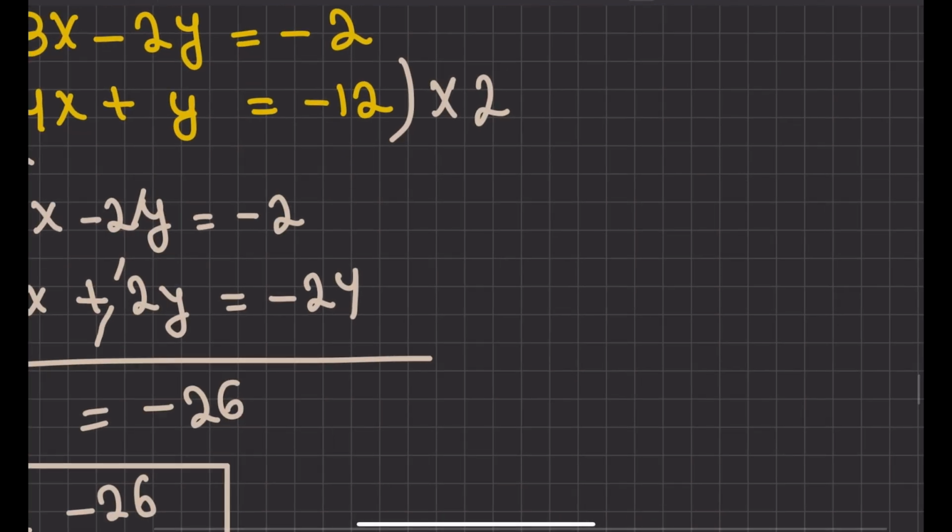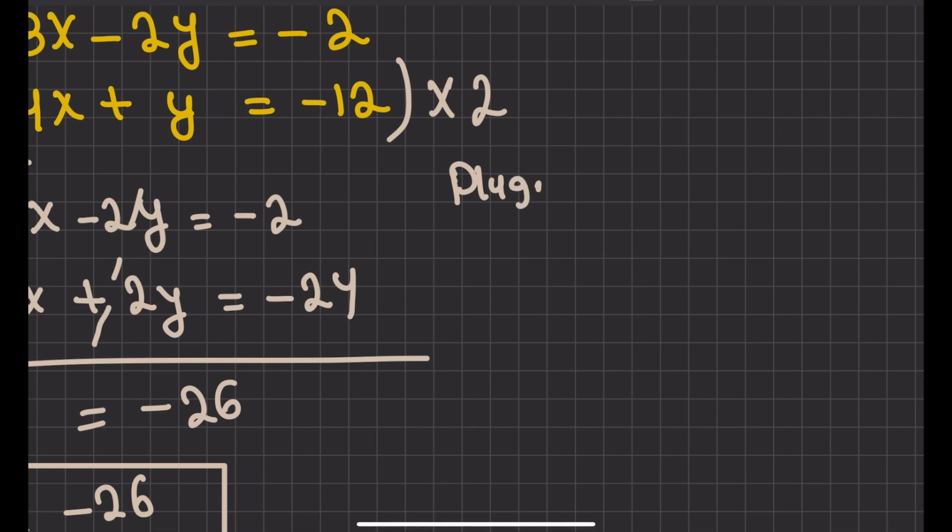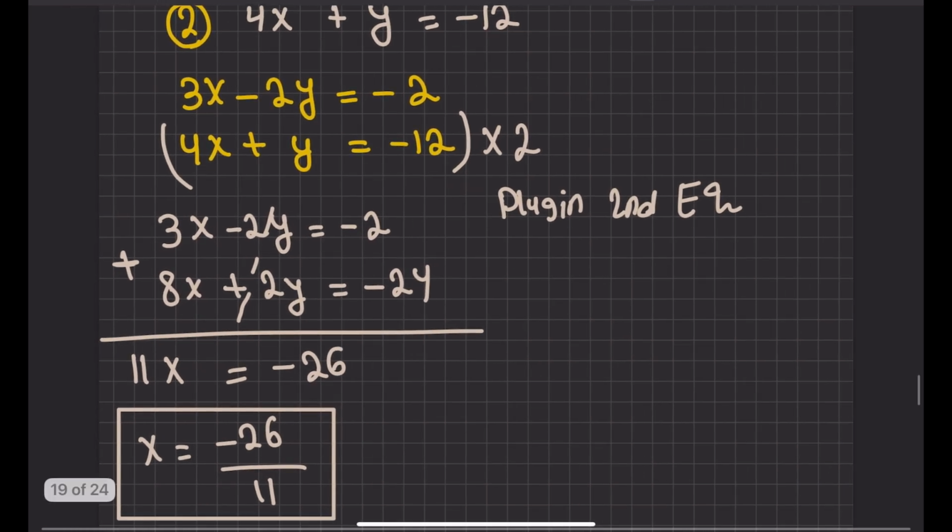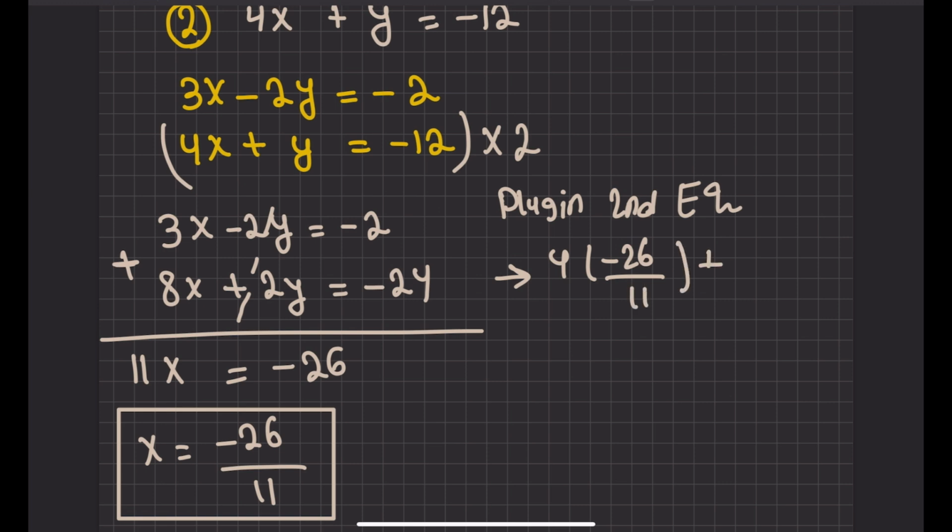So I'm going to write down, plug in the second equation. Instead of x, I'm going to write 4 times negative 26 divided by 11 plus y equals minus 12.